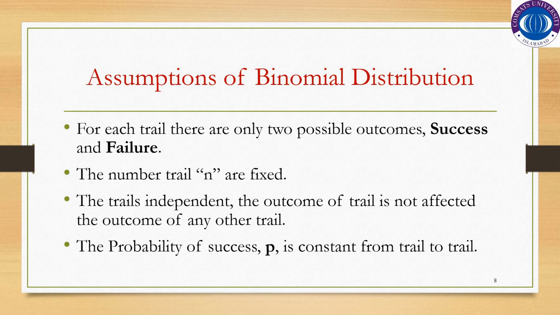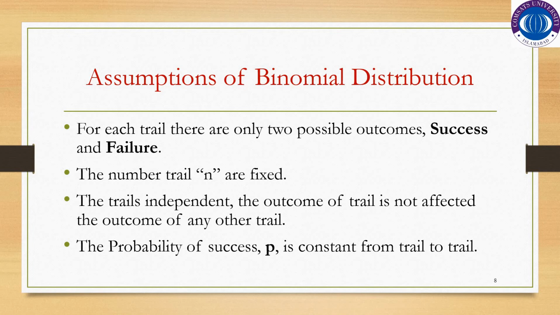Assumptions for binomial distribution. What are the assumptions which must be fulfilled for us to say that the given experiment follows the binomial distribution? The first assumption is, for each trial there are only two possible outcomes, success and failure.